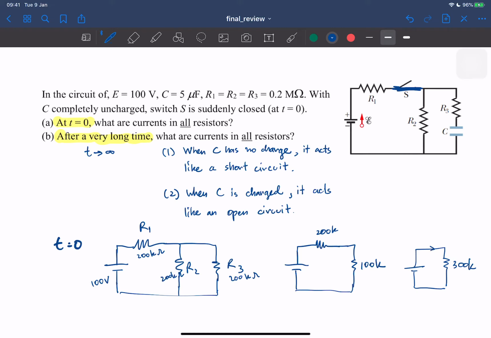So the total current in the circuit is I equal to 100 volt divided by 300K. Let me make sure I have the number correct: 100 divided by 300,000 is 0.33 milliamps.